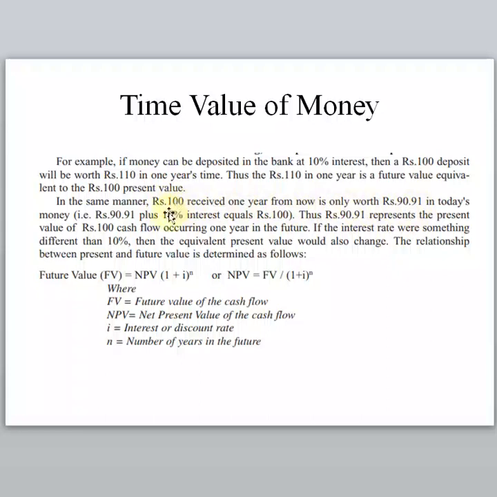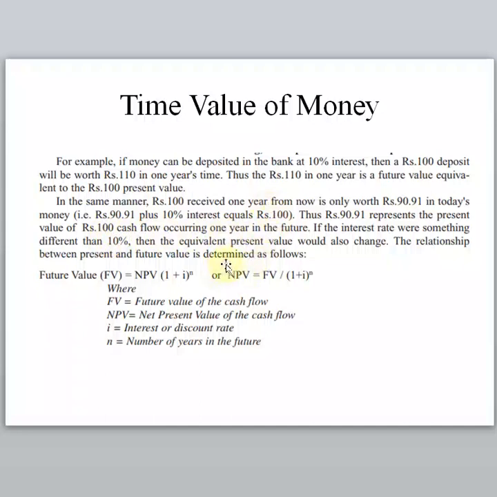Suppose you are investing 100 rupees in the year 2018, then 100 rupees in the year 2019 or 2020 will have less value. Considering depreciation and the inflation rate, that would be around 90.91 in today's money. That means 90.91 rupees plus 10% interest equals 100 rupees. So this 90.91 rupees represents the present value of 100 rupees cash flow occurring 1 year in the future.